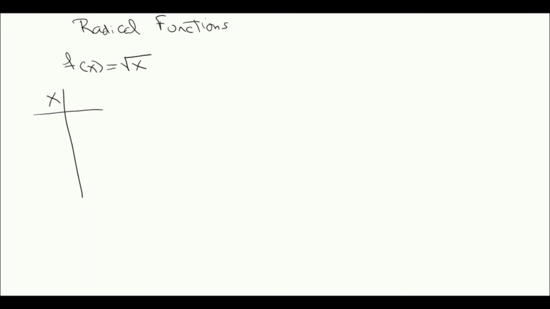Next, I want to take a quick look at radical functions. Now, if we create a function and call it f of x equals square root of x, we become able to graph it because we'll go ahead and make a table of values where we use x as the input and y equals f of x, which is of course square root of x, as the output.